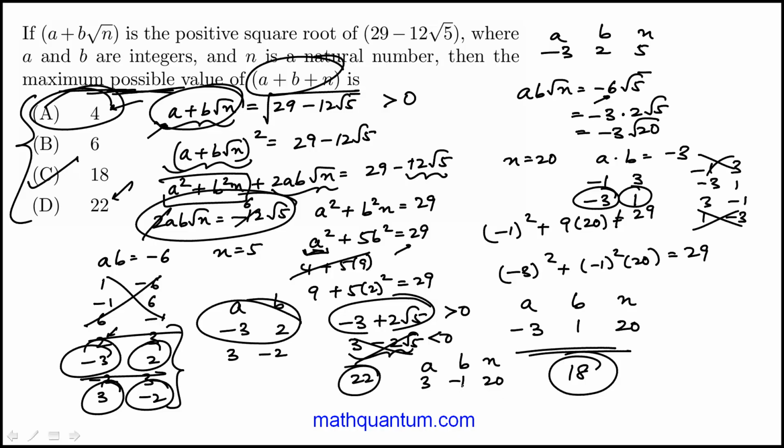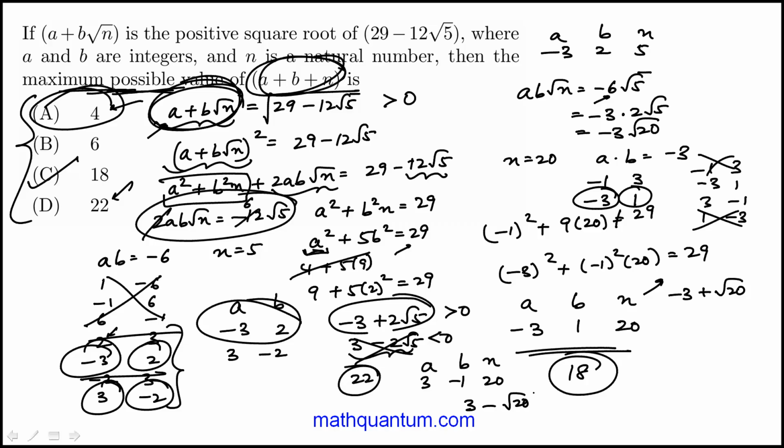But then if we go back to our original numbers here, meaning this positive square root, sorry, this piece, in the case where we add up to 18, this will be -3 plus root 20. And in this case, it's going to be 3 minus root 20.